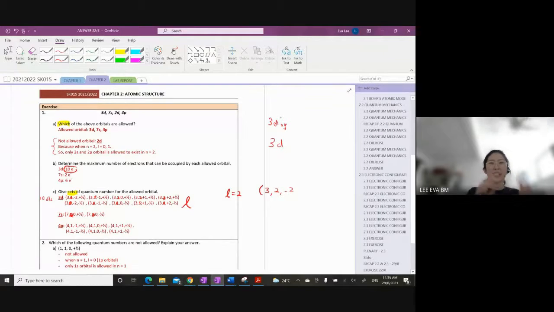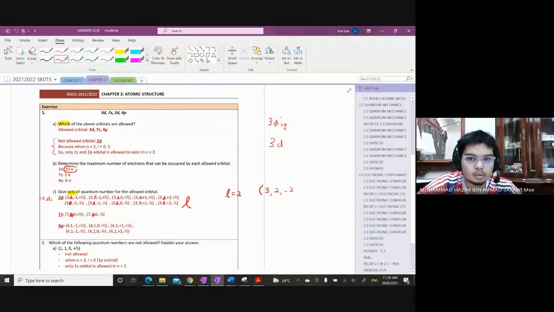If I mention 3D, that means I refer to 5 different orbitals. So the questions always will mix up subshell and orbital, then you have to look at the terms. Is it mentioned 3D, or is it mentioned 3D z squared, or is it mentioned 2px, or is it mentioned 2p?